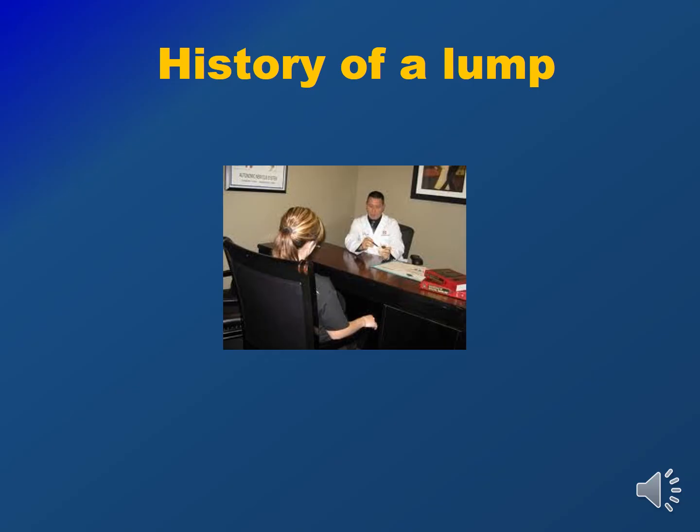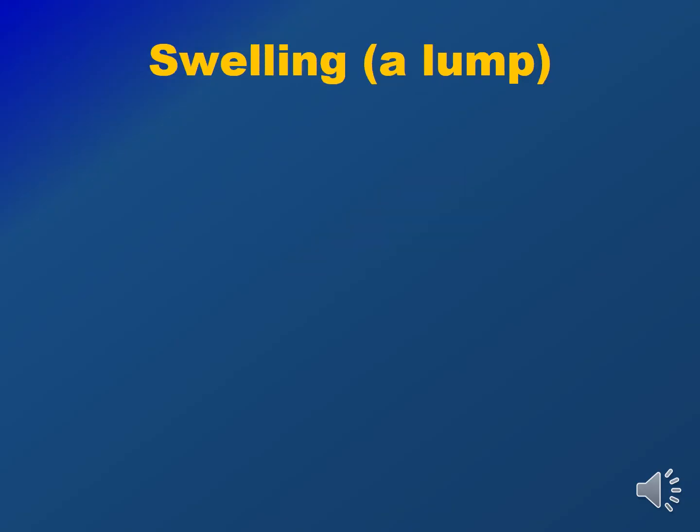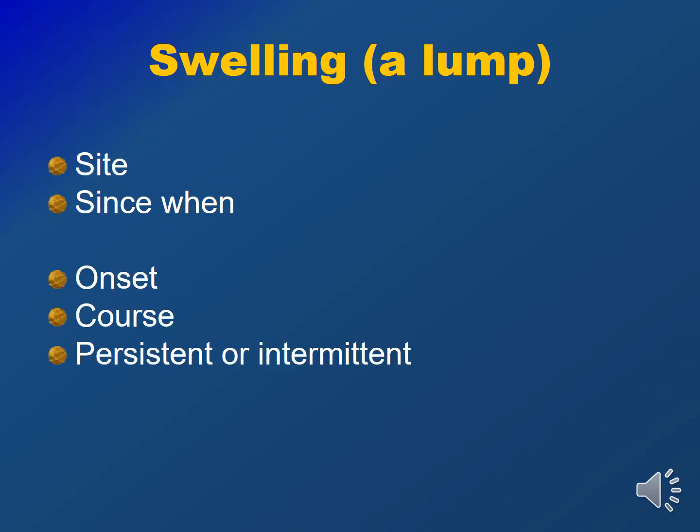We finished the history of a pain. Secondly, we will speak about the history of a lump. First, we will ask about the site where the lump is and since when the patient could feel it. Onset and course look the same as in pain, but in a different way.